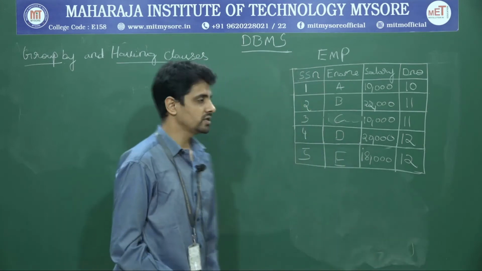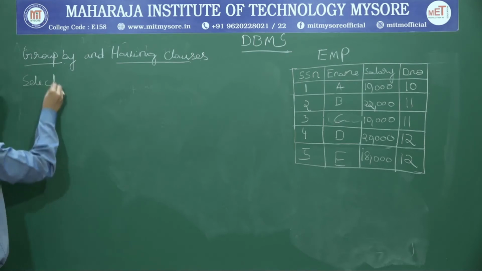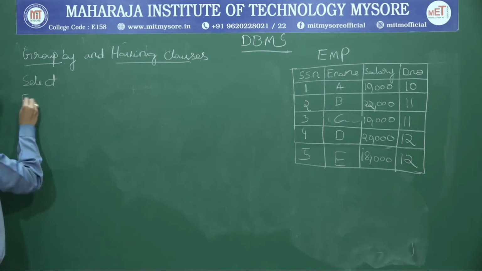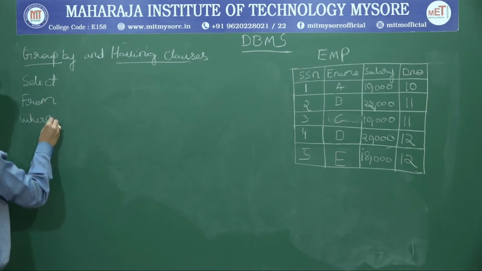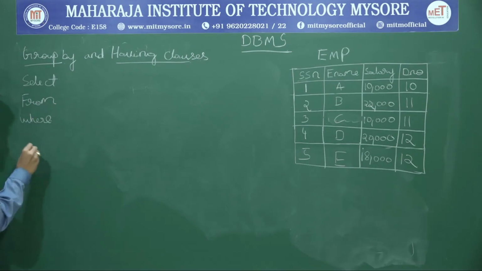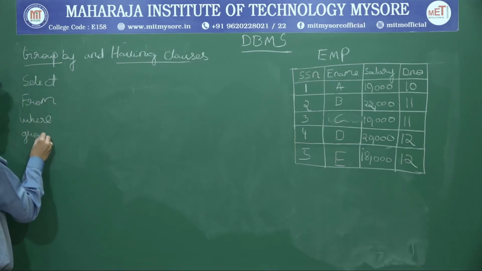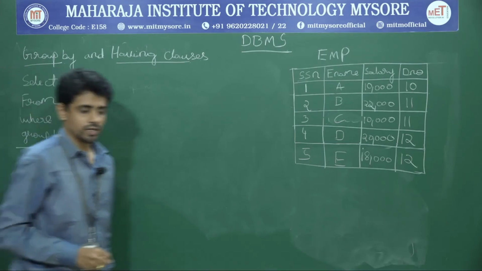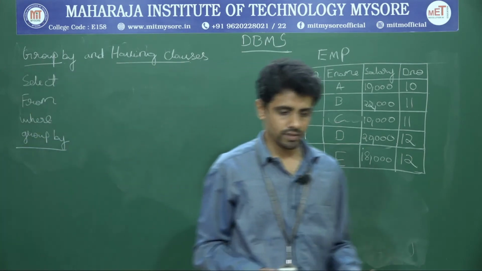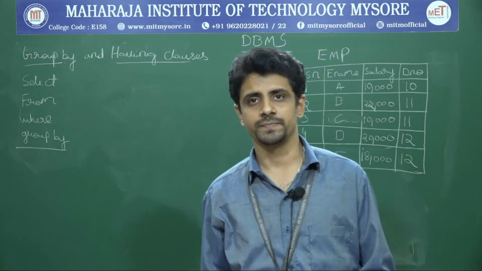So normally we have learnt several clauses by now, that is we have seen select, from, where. Okay, we have seen this select, from and where. Now we will see group by. Group by will create groups inside a given relation.